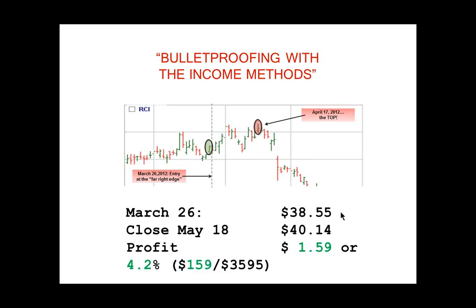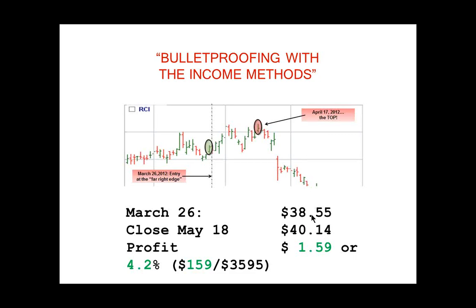Or here's what we did with radioactive training. This didn't require a crystal ball. We got into the stock, but we also bought a put option, and we financed the put option with our bear call spread. So we ended up actually getting paid 40 cents. That takes 40 cents off the cost basis, right?